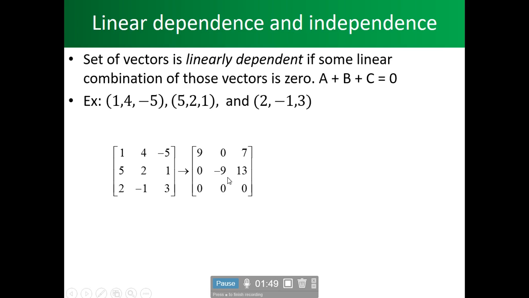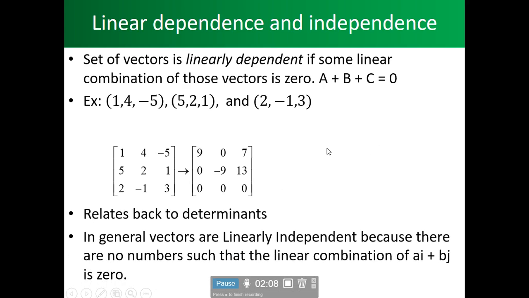And here we also have, as you can see, we rearranged this and we got this to 0 using reduction. So what do we have to look at to determine if it's linearly dependent or not?